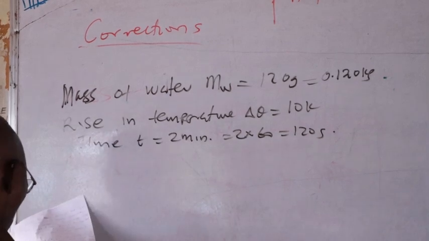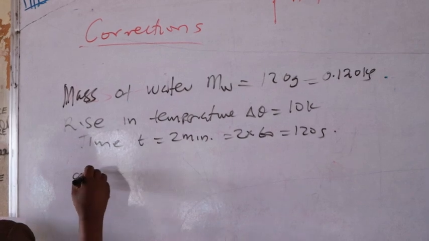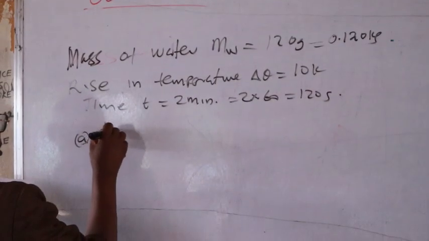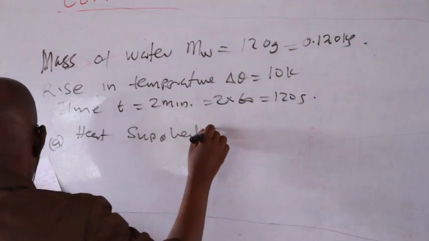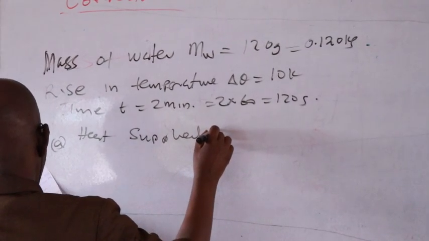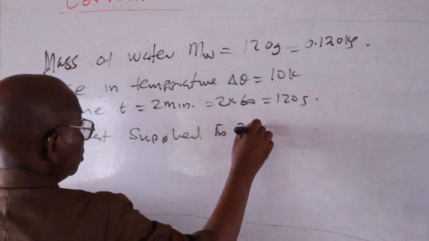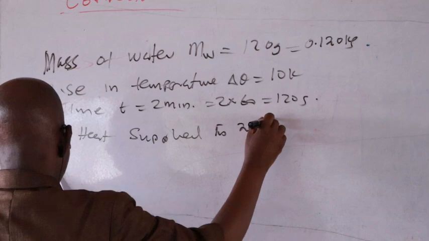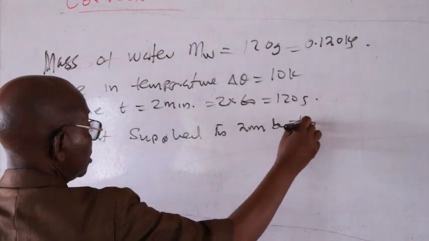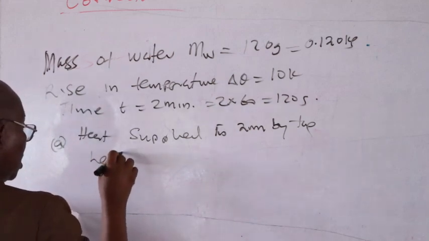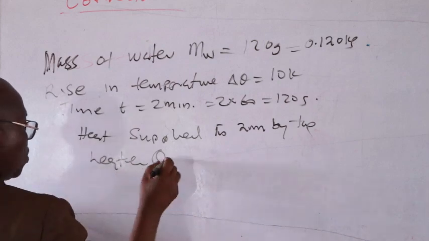The first one, A, you can answer A part. Heat supplied: you have to calculate the heat supplied in 2 minutes by the heater. Let that be Q. So we are looking for this.